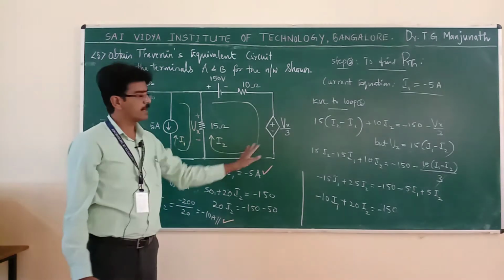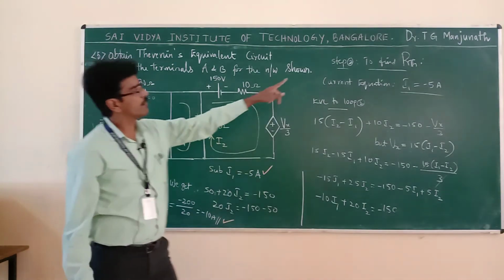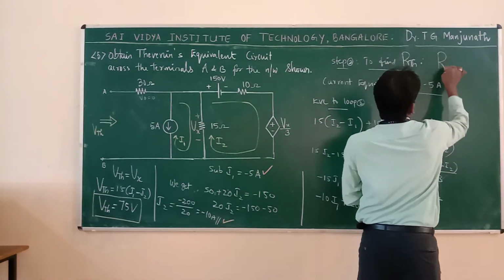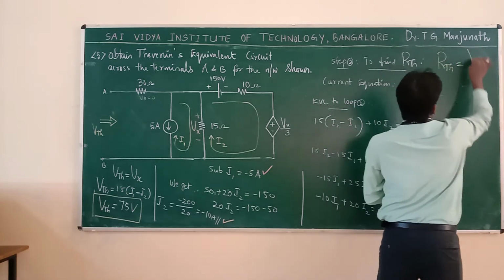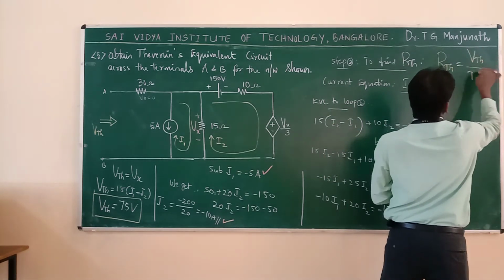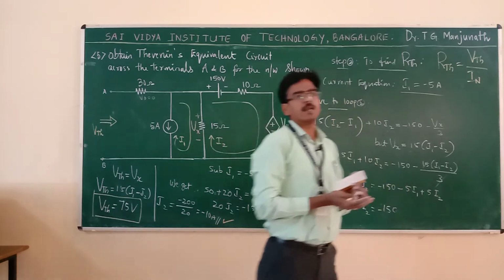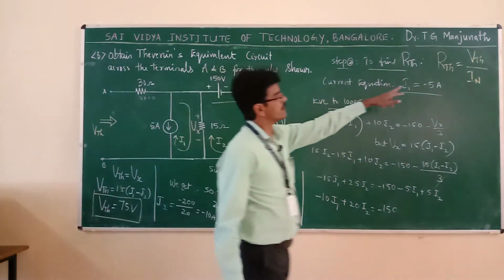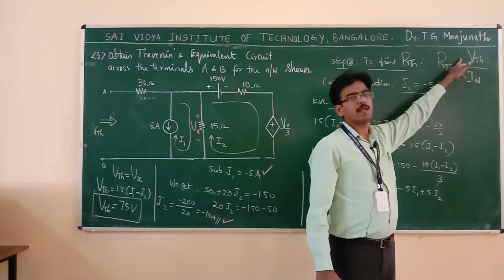If there are dependent sources, then to find R Thevenin we use the formula V Thevenin divided by IN.